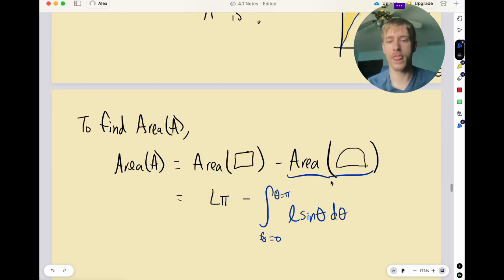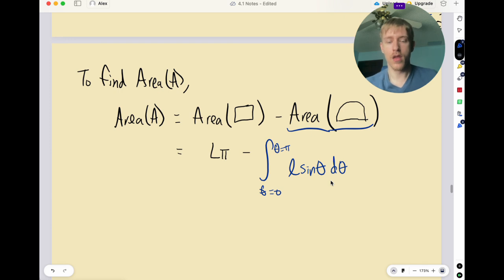Okay. Which, you know, you can pull the L out and you can evaluate this integral fairly easily. And when you do that, you're going to get that it's going to be 2L. Okay.